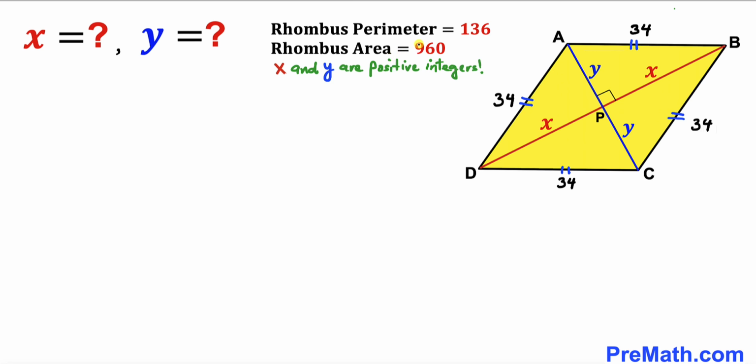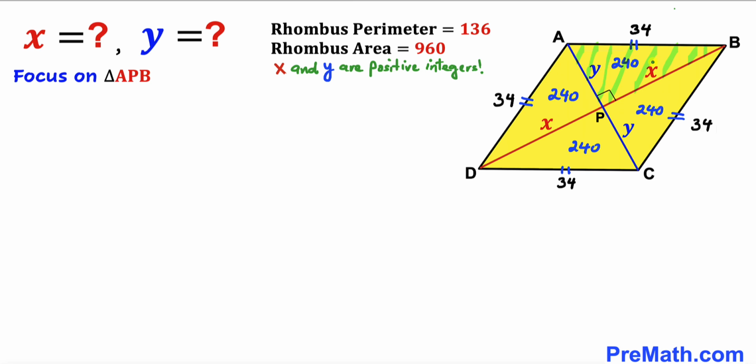The area of this rhombus is given as 960 square units, so I'm going to divide 960 by 4, which gives us 240 square units. So all these triangles are 240 square units each.